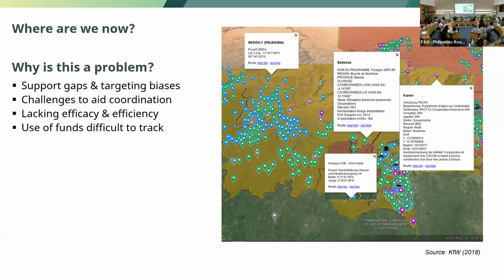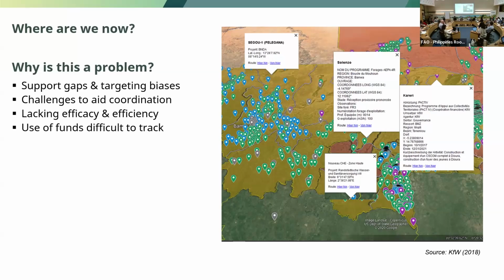You mentioned already the problems at the institutional level, but at the cross-institutional level, if many actors support one partner country and we don't have a way to compare our data, we create support gaps. We create targeting biases.